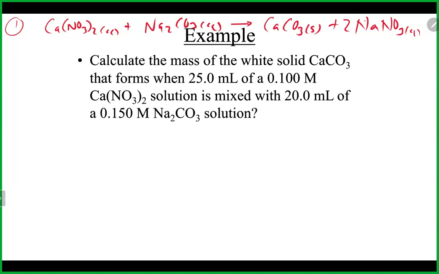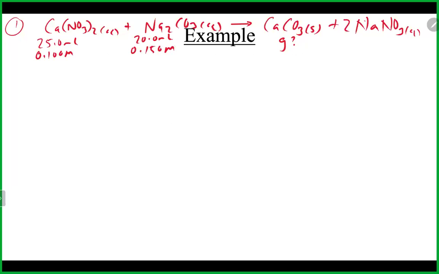In this particular case, we are looking for how many grams of our calcium carbonate. And we are given that we're starting with 25 milliliters of a 0.1 molar solution of calcium nitrate and 20 milliliters of a 0.15 molar sodium carbonate solution.